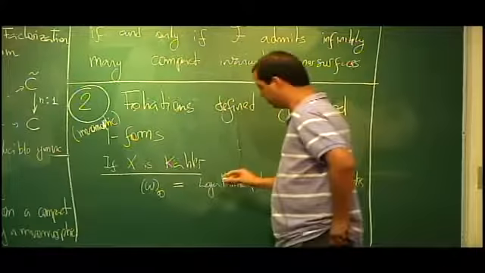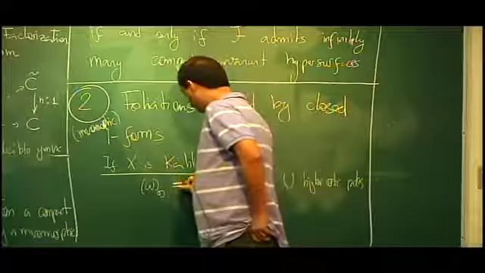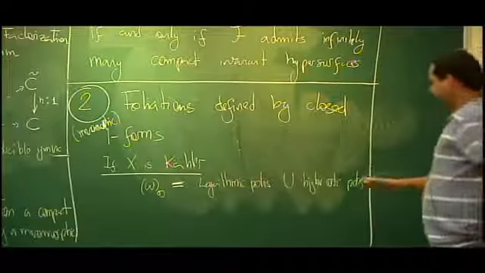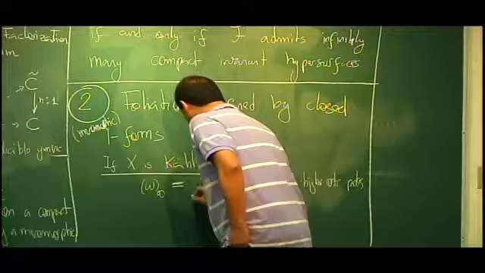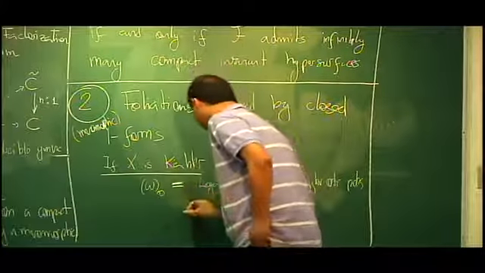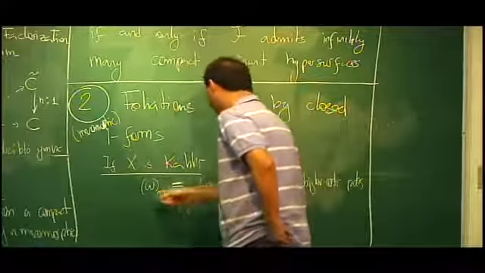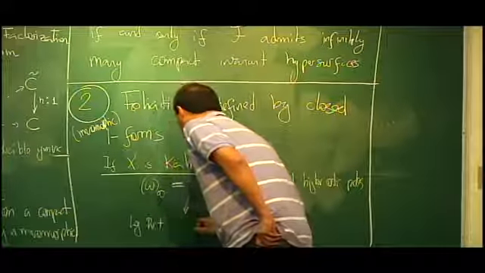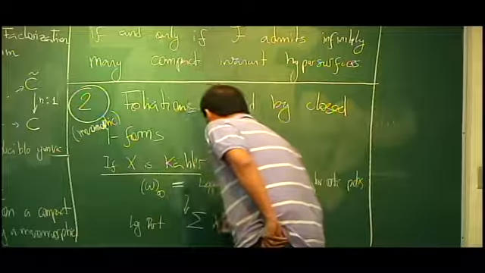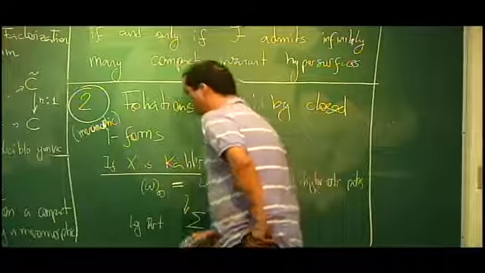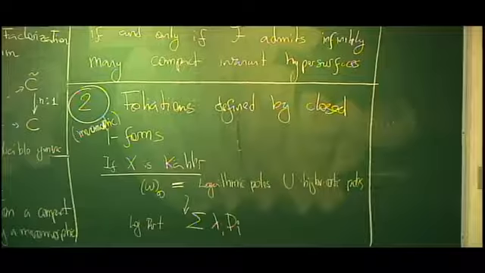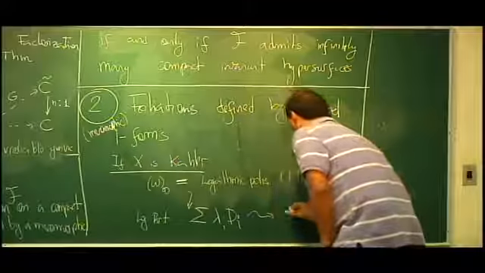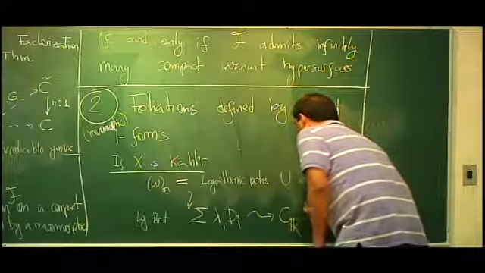Big enough poles means order at least 2. The logarithmic part comes, as we all know, with residues, so we have a divisor, the sum of lambda i D i. And the classical residue theorem can be generalized to show that the real Chern class of this divisor is 0.